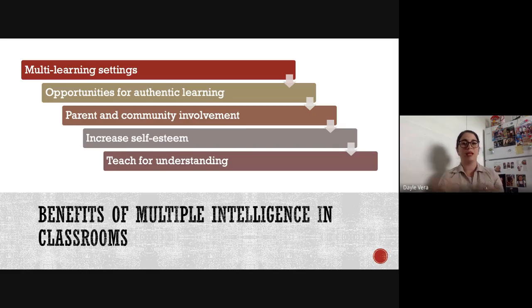The next one would be increased self-esteem. This helps because the students are able to develop their own strategies, and they're able to come up with their own ways of thinking, so they are more confident about themselves, and that's really important. And also, we're teaching for understanding, not just teaching because we have to teach.